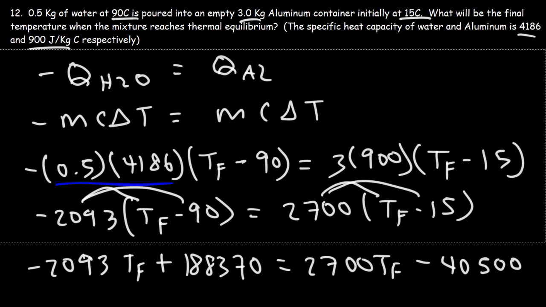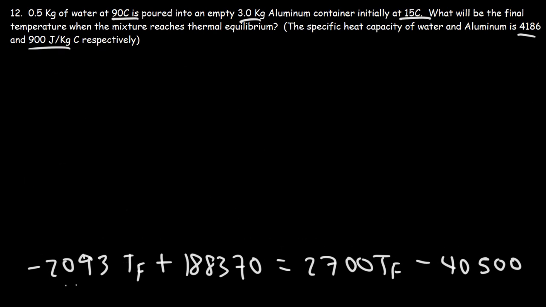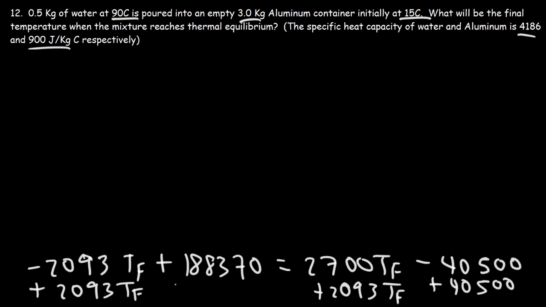Now let's do some algebra. So let's add 2093 TF to both sides. And at the same time, let's add 40,500.